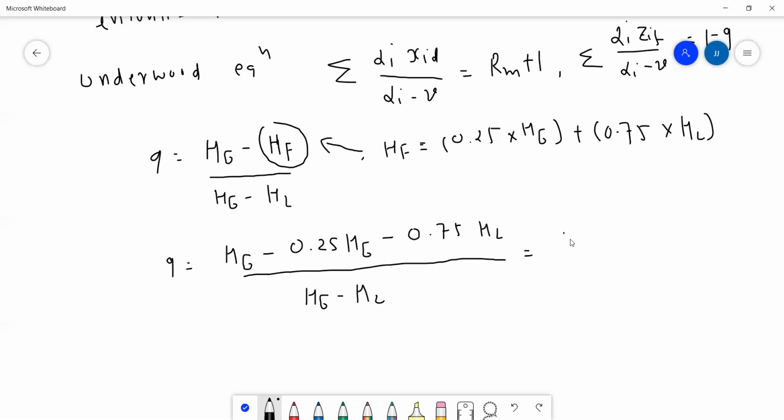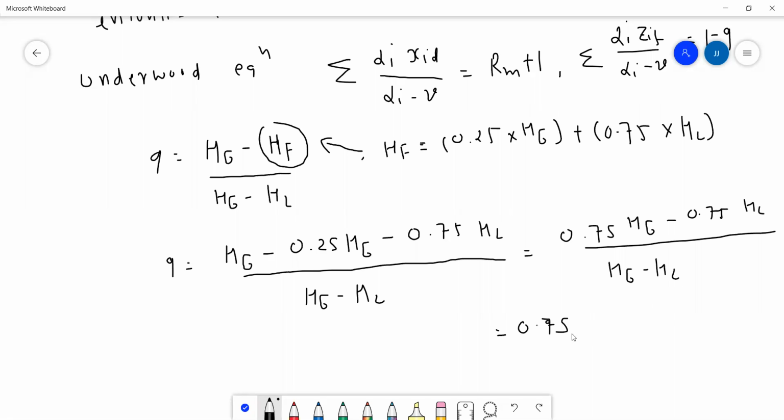So it is 0.75 Hg minus 0.75 HL divided by Hg minus HL. You can take 0.75 common. This is equal to 0.75 times Hg minus HL divided by Hg minus HL.